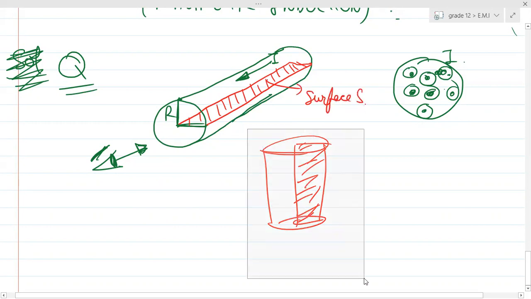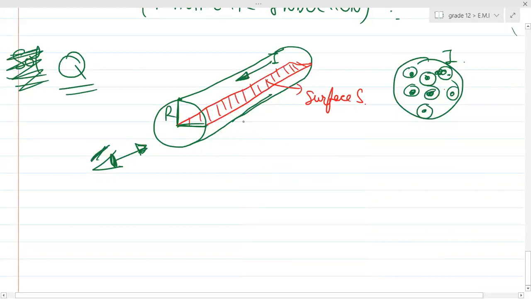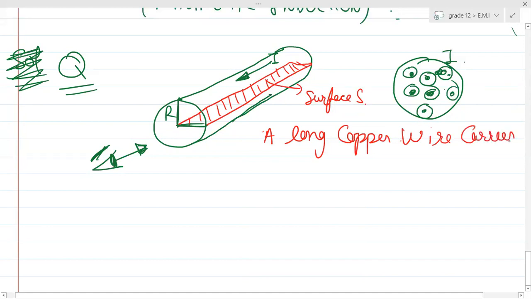Now the question is, a wire carries a current of I ampere.